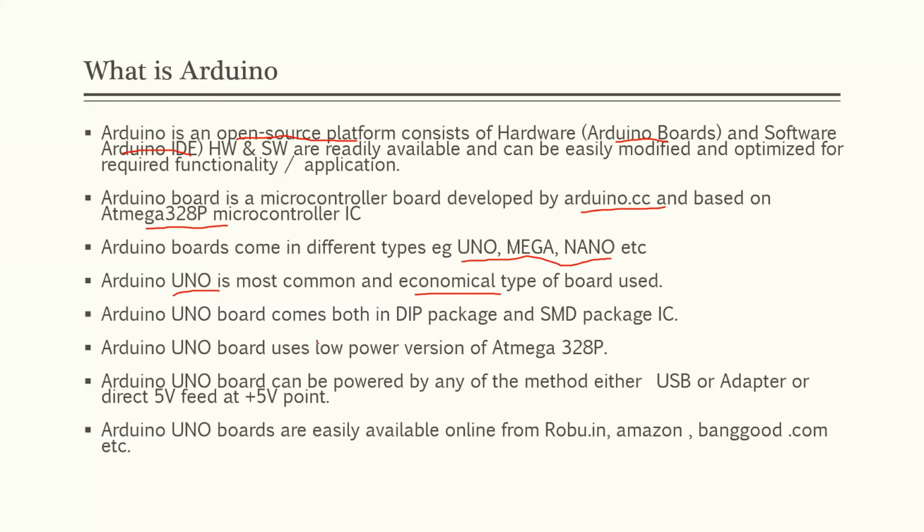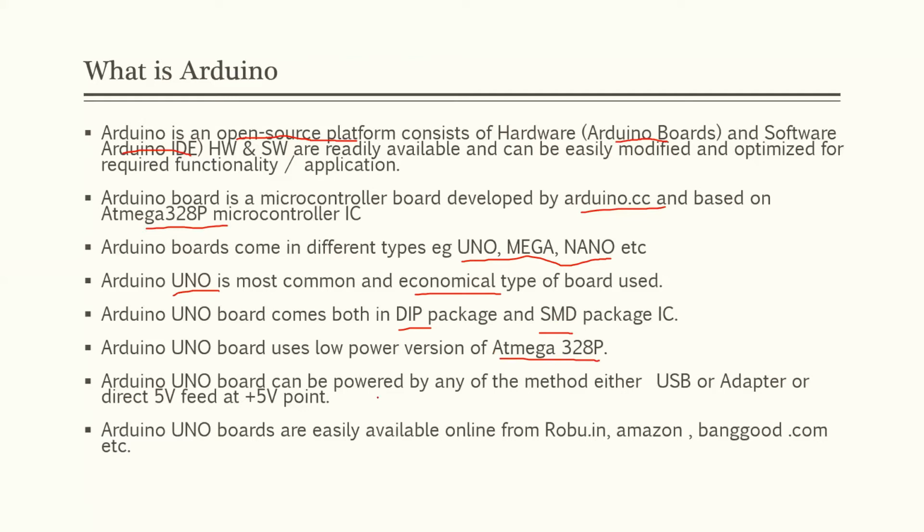Arduino Uno board comes in both DIP and SMD packages, but both have the same circuit, so there is no difference as far as the circuit is concerned. Only the type of component used is different. Arduino uses an Atmega 328P, which is a low power version of the Arduino microcontroller.